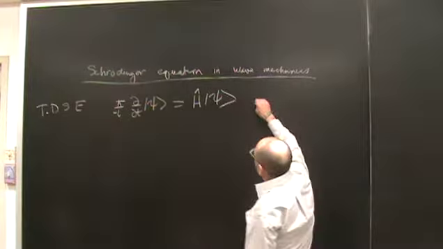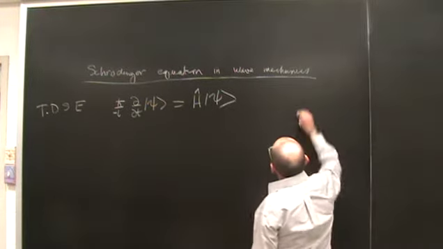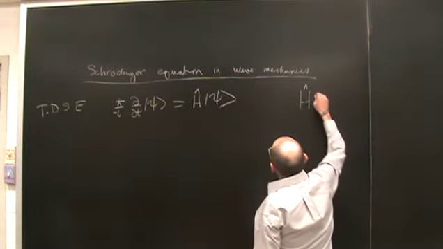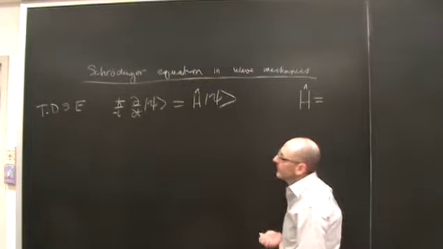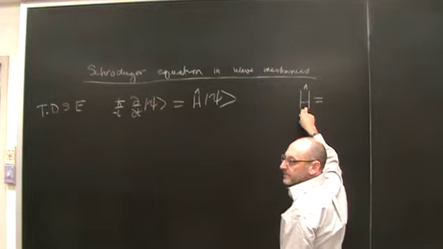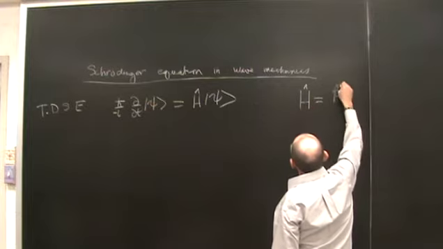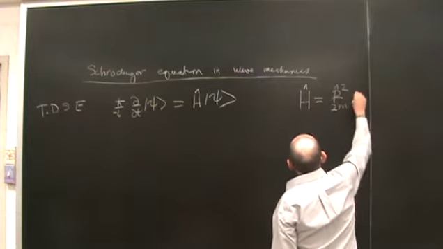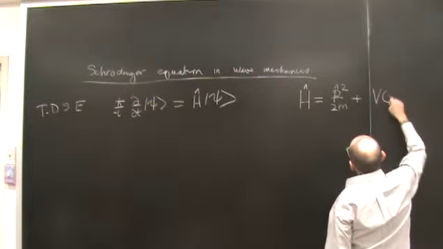Now, what's the Hamiltonian? If we're talking about particle mechanics, then the Hamiltonian is kinetic and potential energy. So the kinetic energy is p squared over 2m, and then we have the potential energy.